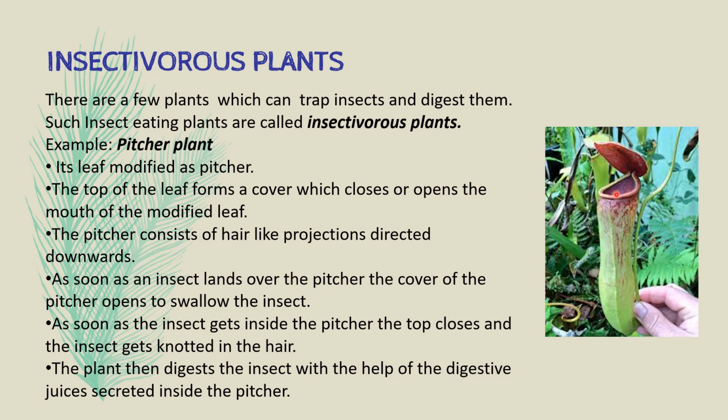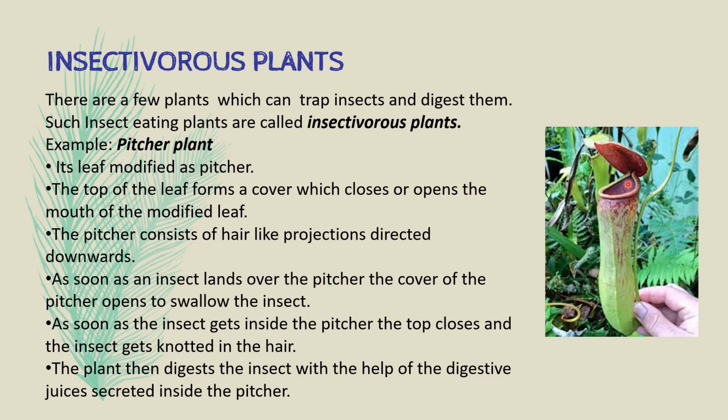So this flap-like cover can close and it can open also. And the pitcher consists of hair-like projections directed downwards. Here some hair-like projections are there. That hair helps the plant to trap the insect.